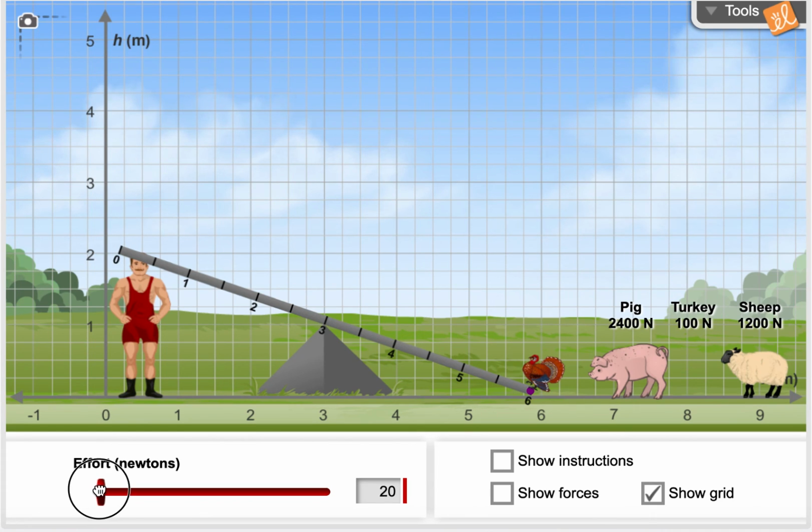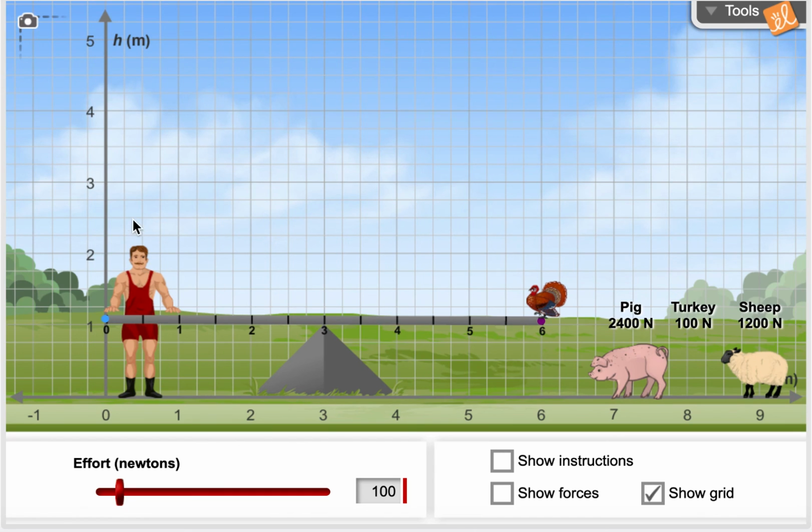So I'm just going to have the strongman push down with 100 newtons, which is how much the turkey weighs. So when he does that, you'll see that his work input pushes down on the machine, and then the machine raises up the turkey to be even. So what you're seeing here is the strongman moved the bar with 100 newtons of force, and the lever moved the turkey with 100 newtons of force.